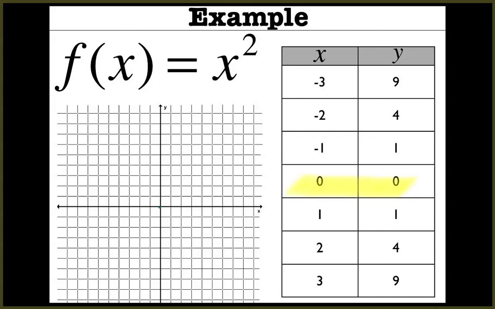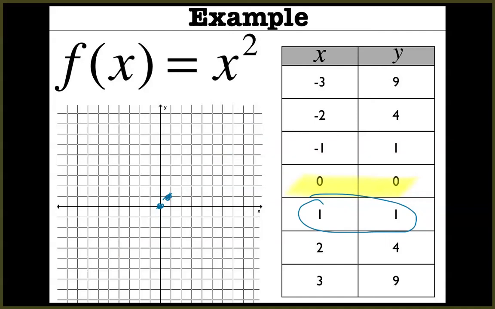Boom. We put a dot at 0, 0. And then 1, 1 is also pretty easy to graph, so I'll put a dot right there. And normally at this point, you would be thinking, oh, it's going to be a line that goes like this, right? Not so much. Watch what happens next.